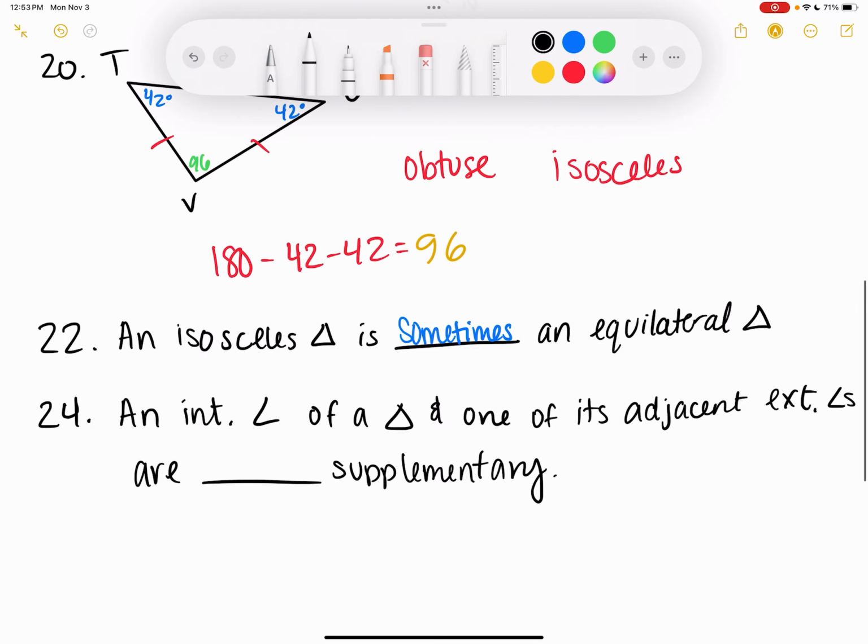So in the blank, always, sometimes, or never. Always, because they make a linear pair.